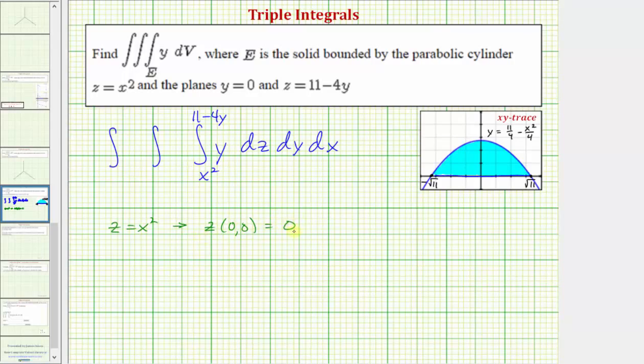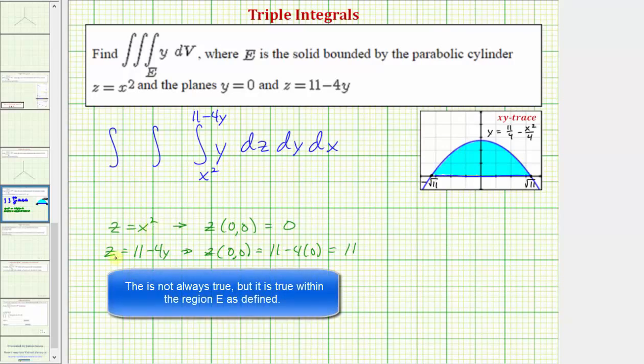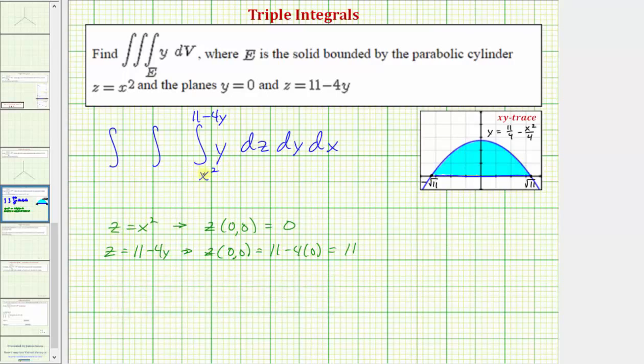Notice how z would be equal to 0, but for z equals 11 minus 4y, if we evaluate z at (0, 0), we would have 11 minus 4 times 0, which gives us 11. So notice how this shows us that z equals x squared is below z equals 11 minus 4y, which again is another reason why the lower limit of integration for z is x squared, and the upper limit of integration for z is 11 minus 4y.